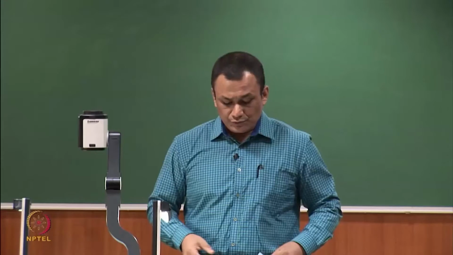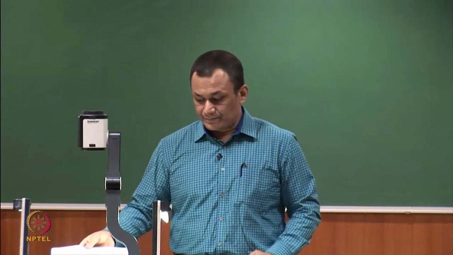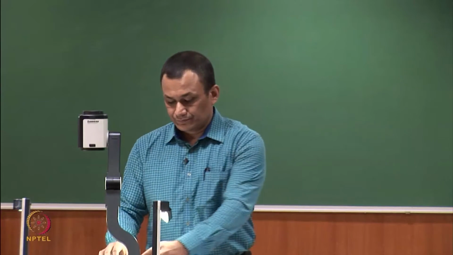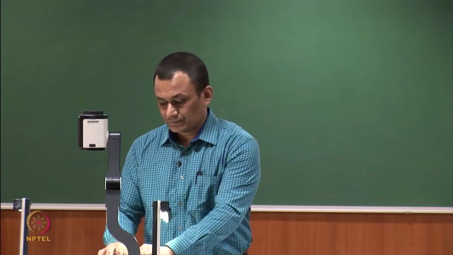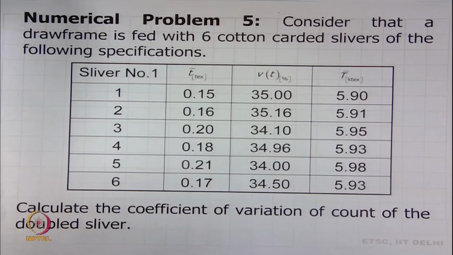Now, we come to problem number 5. It is a quite long problem. Consider that a drawframe is fed with 6 cotton carded slivers of the following specifications.